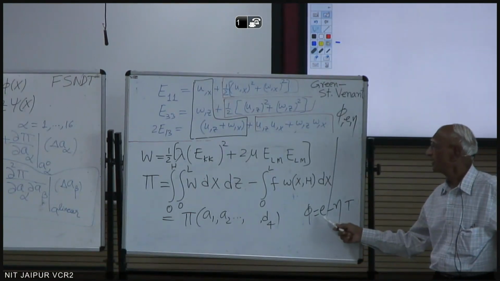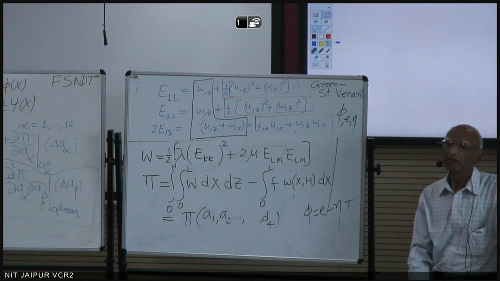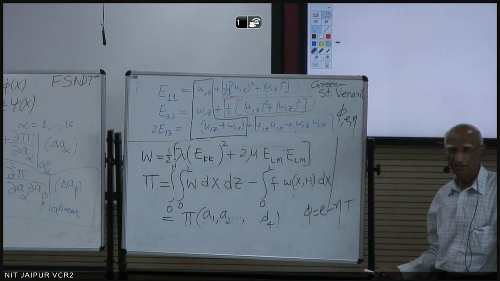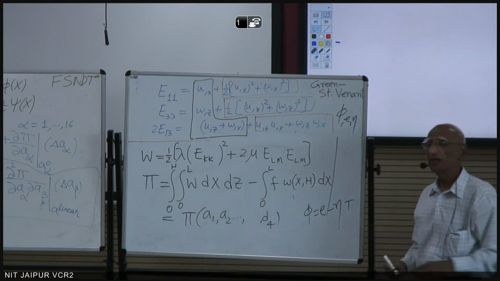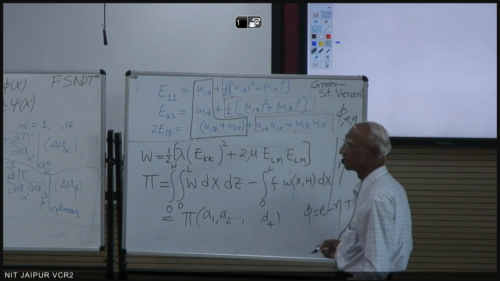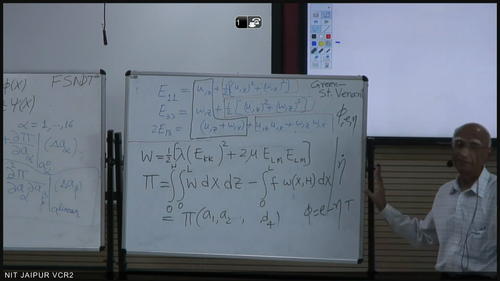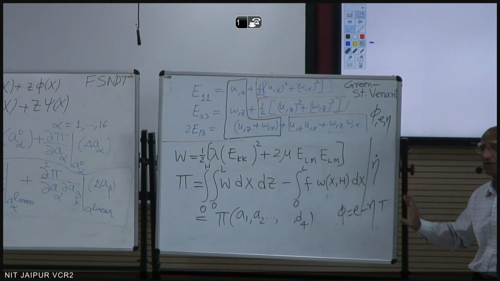So in our case, the specific heat did not play any role because we were talking about a steady state heat conduction. So what we had to check is if the entropy production for our problem is non-negative. Which one of the two solutions is giving us entropy production non-negative?